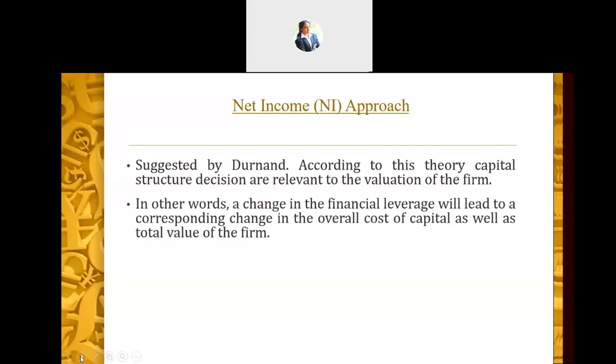There can be an increase in the degree of financial leverage when debt in the entire capital structure is increased. Whenever it is increased, the weighted average cost of capital will decline, and when it declines, the value of the firm as well as the market value of the ordinary shares will increase.